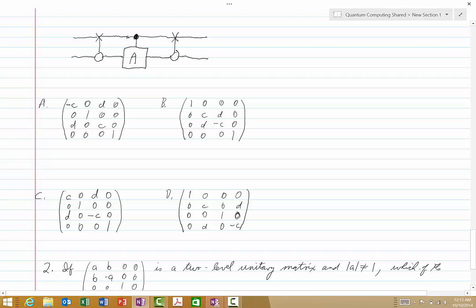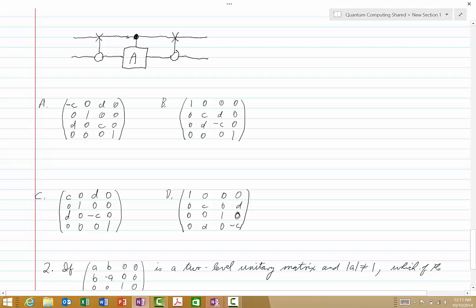And you see your choices here. A is minus C 0, D 0, 0, 1, 0, 0, D 0, C 0, 0, 0, 0, 1. B is 1, 0, 0, 0, 0, C, D 0, 0, D minus C 0, 0, 0, 0, 1.